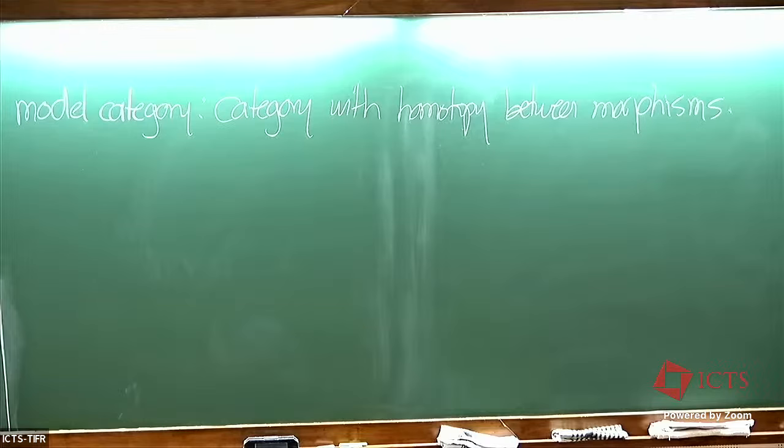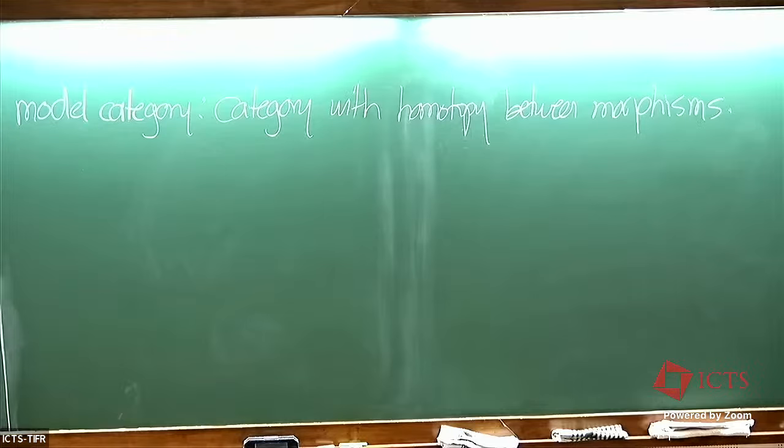And when you see those definitions for the first time, you think, yeah, of course, morally, they seem to be related in some way. But when you do model categories, you learn that they are not just morally somehow related, but they are actually both special cases of a very rigorous definition.